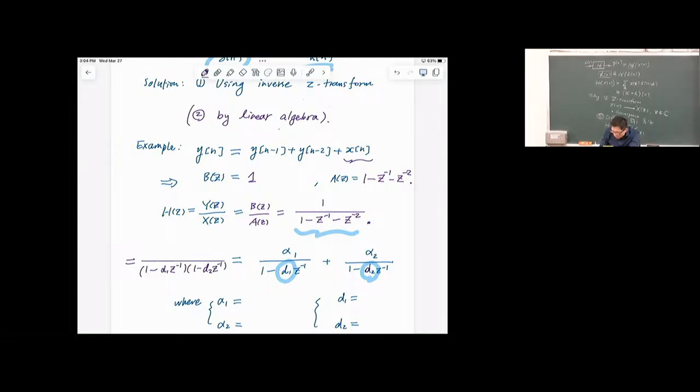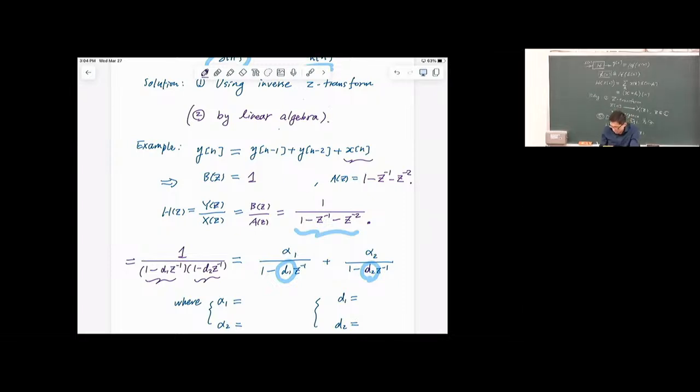This is the fundamental theorem of algebra: any nth order polynomial has n roots on the complex plane. So you can always factorize a polynomial. In this case, we have a second order polynomial, so it has 2 roots. It's a bit tricky that here we write this polynomial in z inverse.